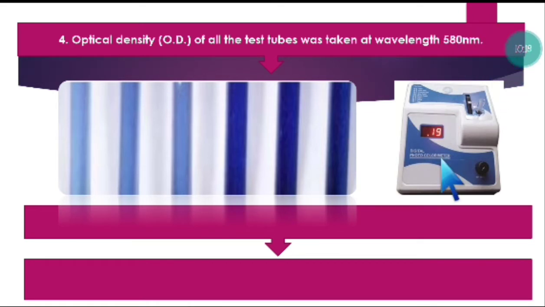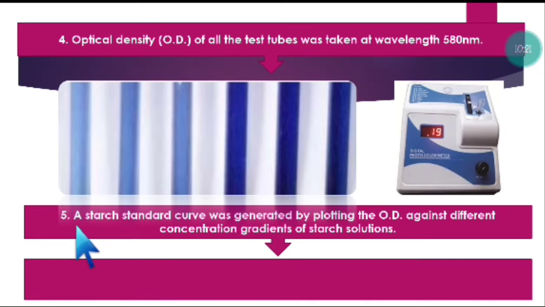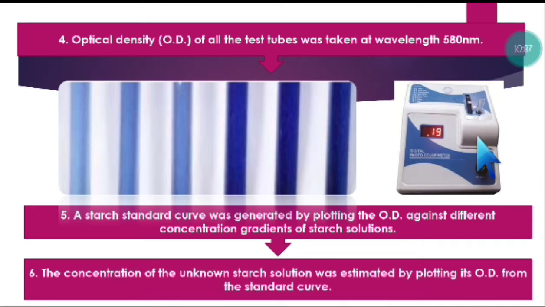After taking the optical density, we have to prepare a standard curve by plotting the optical density against the different concentration gradients of the starch solution. After preparing the standard curve, the concentration of the unknown will then be estimated by plotting the optical density on the standard curve that you obtain.